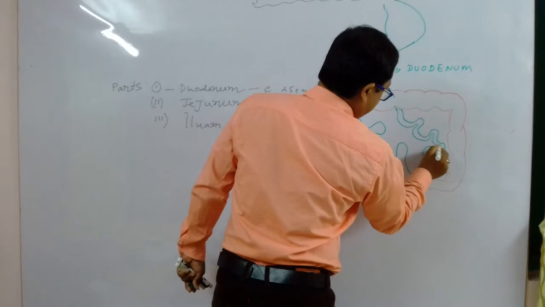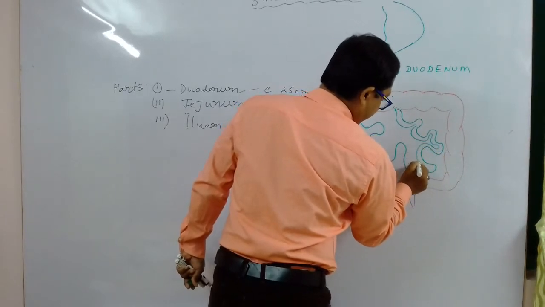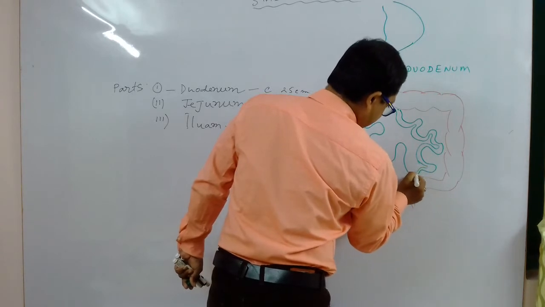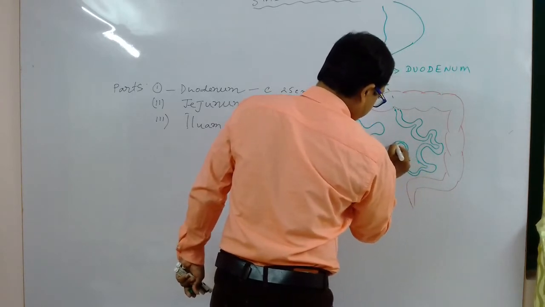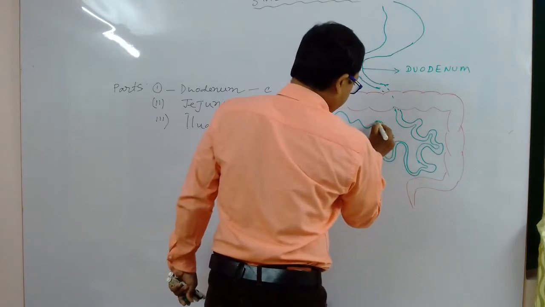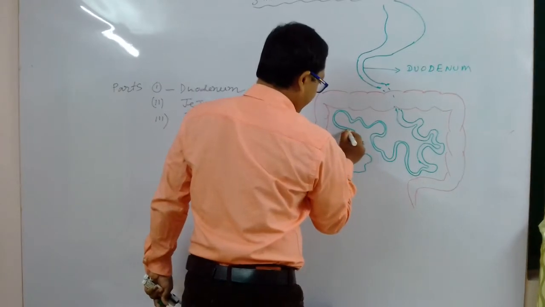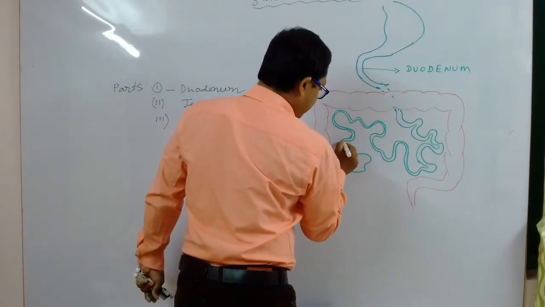First part is the duodenum. We are drawing now. This is the jejunum, and the next part is the ileum. From the structure, it is obvious that the ileum is larger than the jejunum, and it is 3 meter in length.